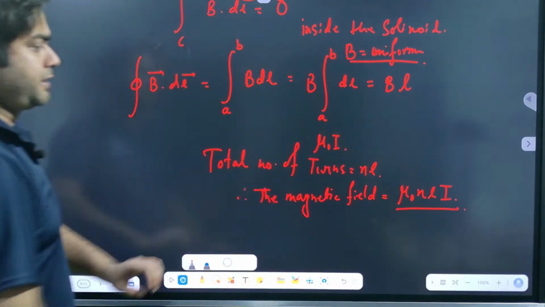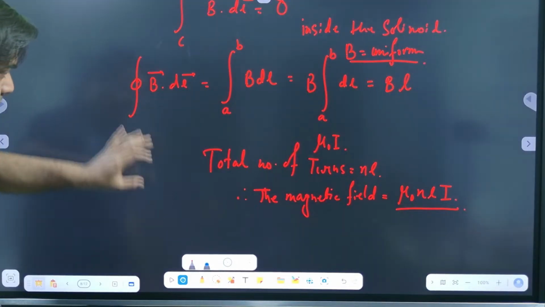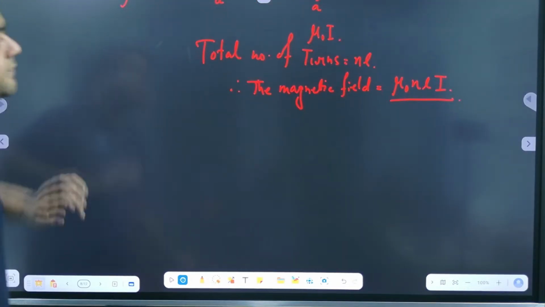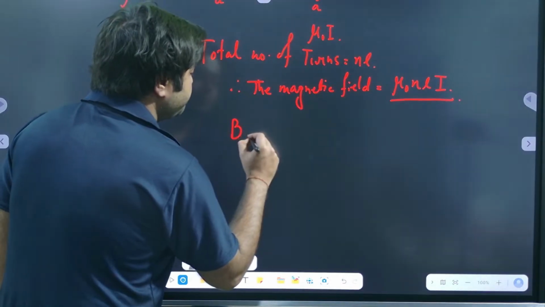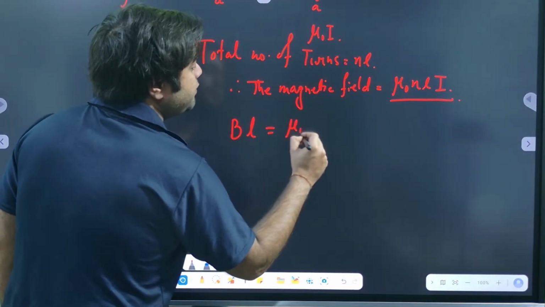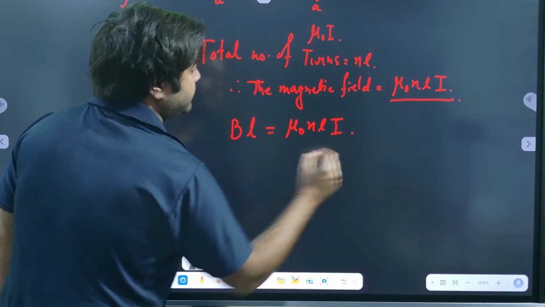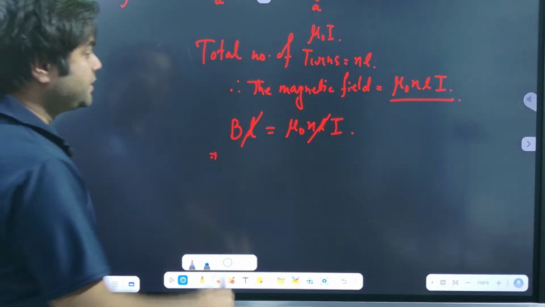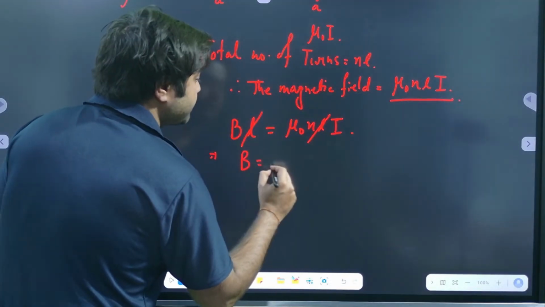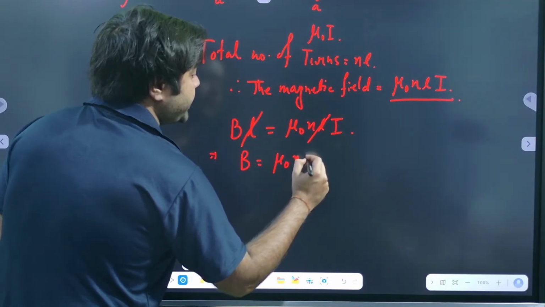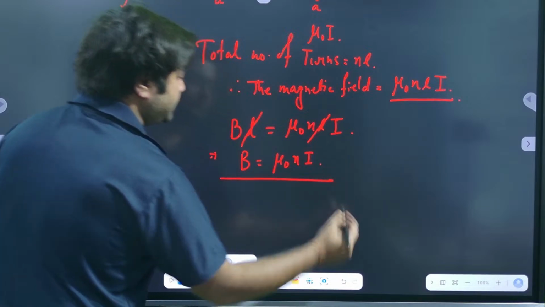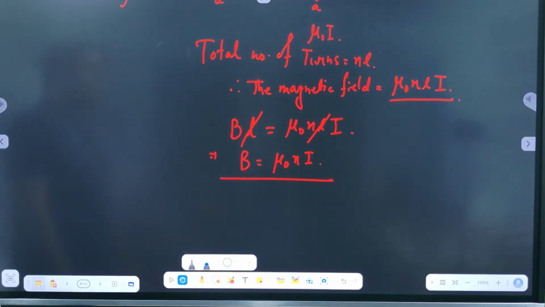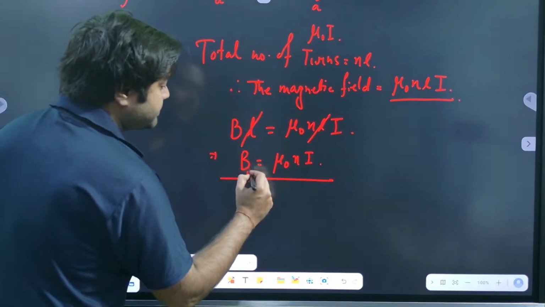We have just multiplied this, and that will be equal to BL equals mu naught NLI, and from both sides L will cancel each other out, and you can observe that B equals mu naught NI.